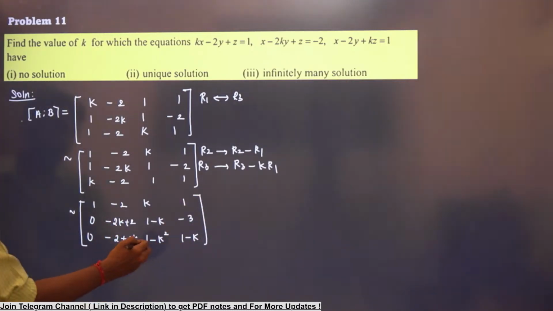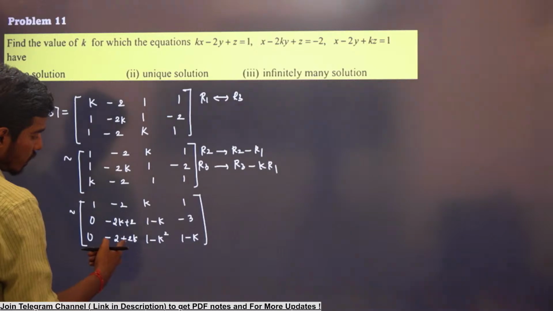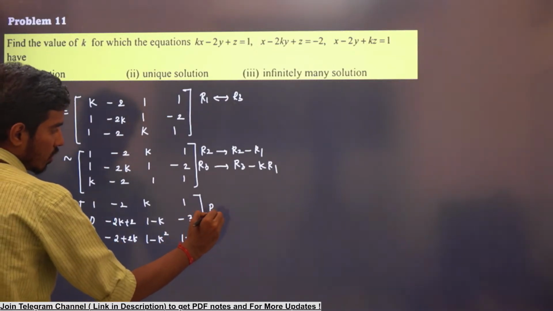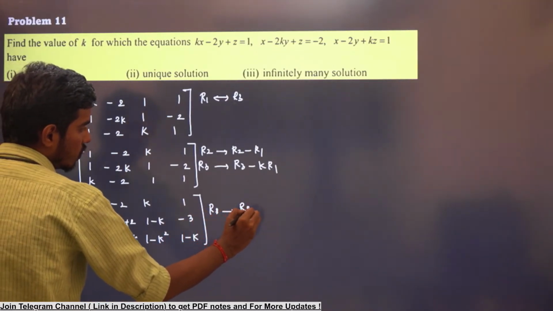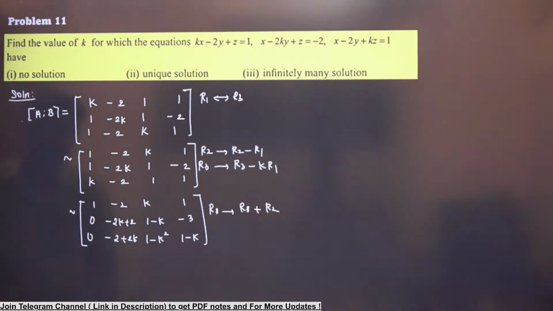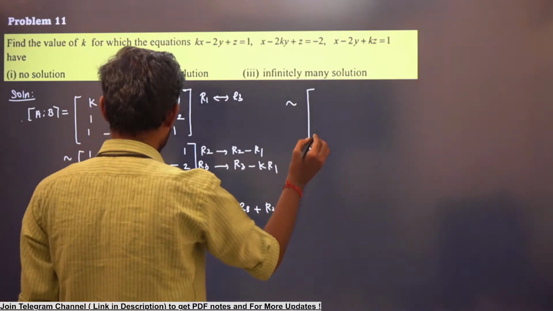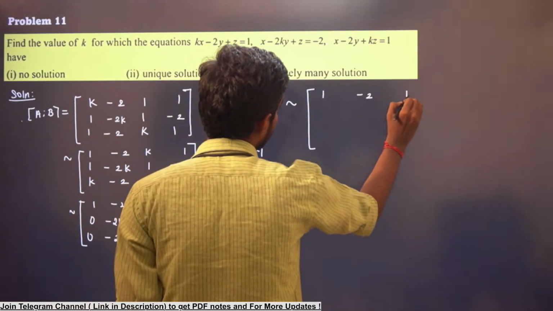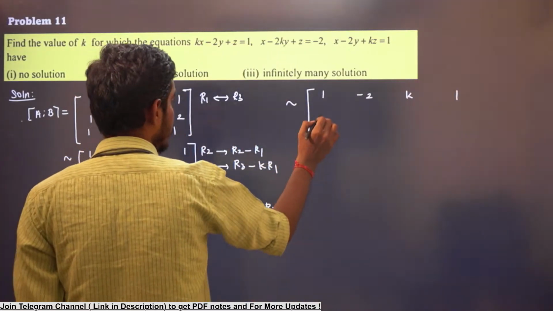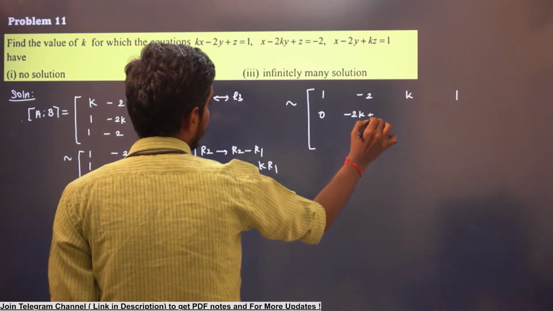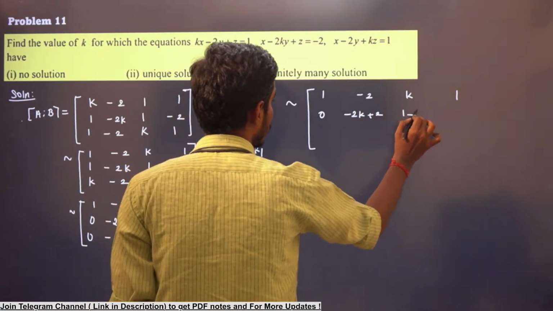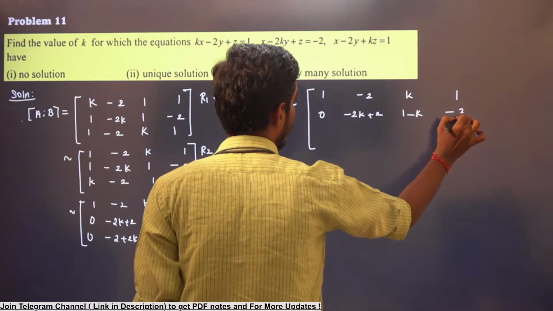Now you can see this element can be made 0 easily because both have opposite signs. So R3 is transformed to R3 plus R2. Therefore this is equivalent to: 1, minus 2, k, 1; 0, minus 2k plus 2, 1 minus k, minus 3.